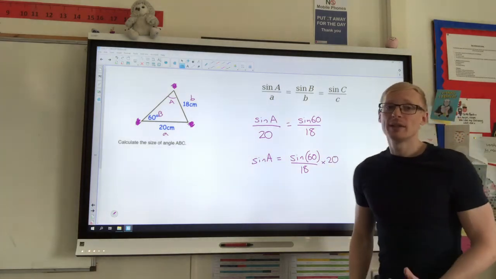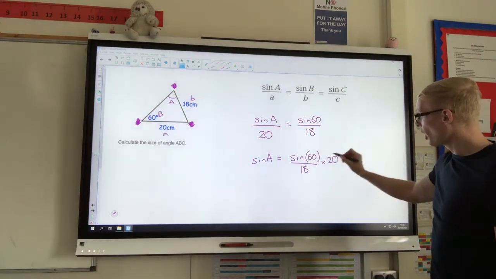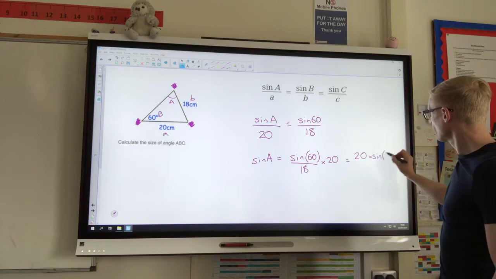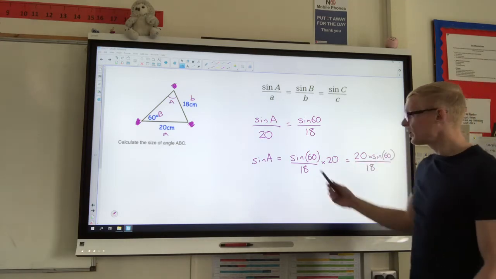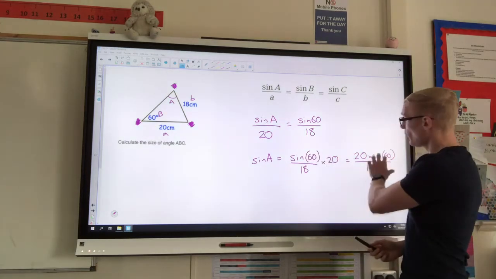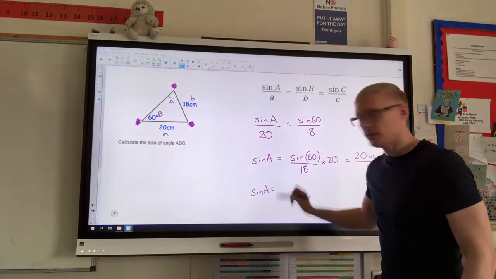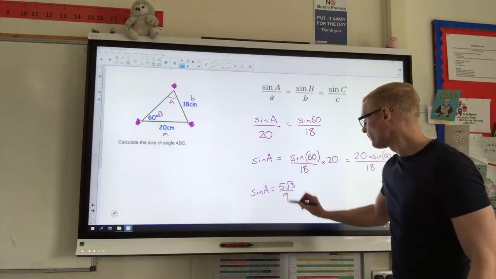And again, you can write this all as one fraction by putting the whole number at the front, so 20 times sine 60 over 18. Now either of those things is fine, okay? This will get you the same answer as this. So type that into your calculator and you get sine A is equal to 5 root 3 over 9.